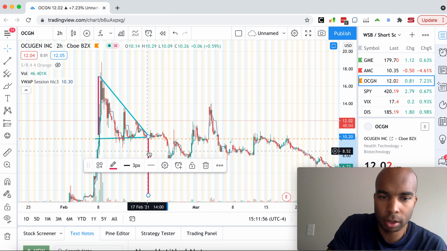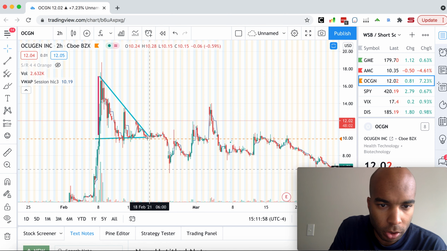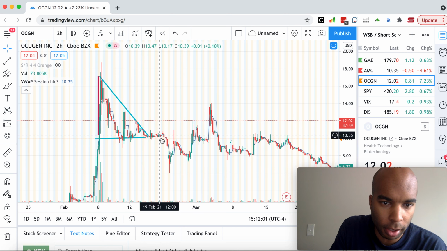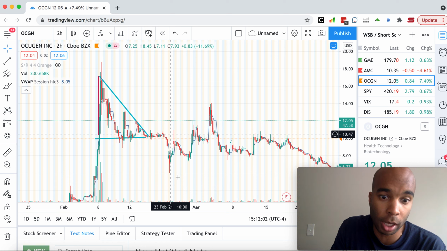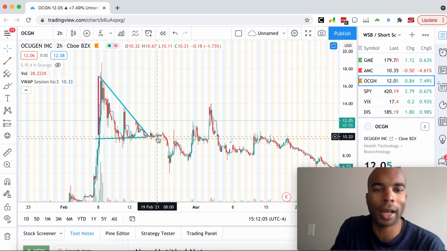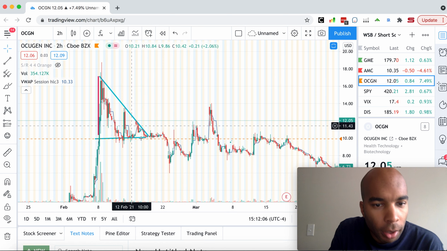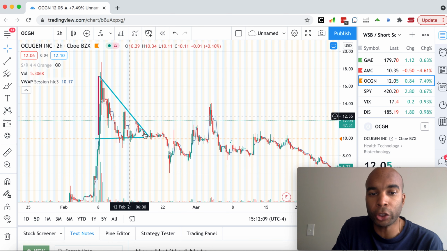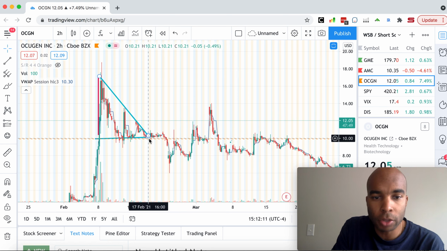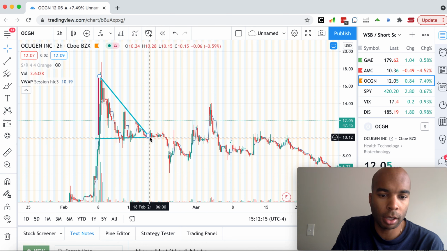It didn't break out 100% exactly this way, but it went down pretty considerably, and it didn't break out on the date. According to the chart, it should have broken down on February 17th, but it didn't.